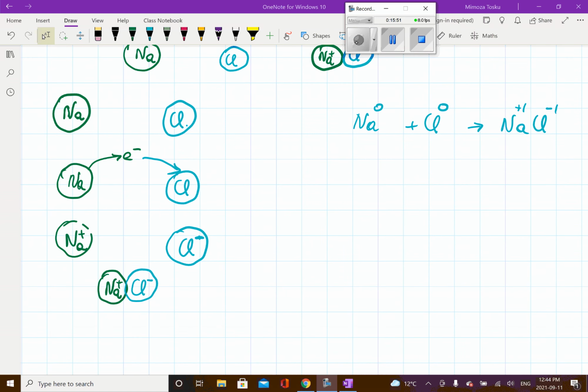So sodium and chlorine start as neutral because they are atoms, and then they become respectively a positive one charge and a negative one charge.